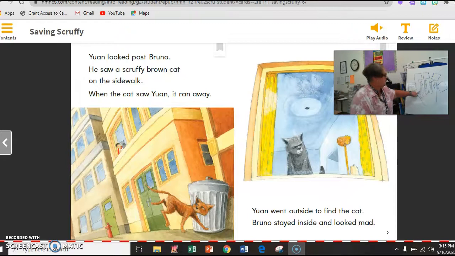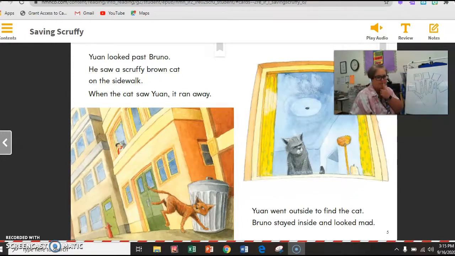We can also fill in some of the characters because so far we already know Bruno is the cat, Yuan is the little boy, and there's just a scruffy brown cat that doesn't have a name yet. So right here under characters, we can go ahead and write Yuan and Bruno.